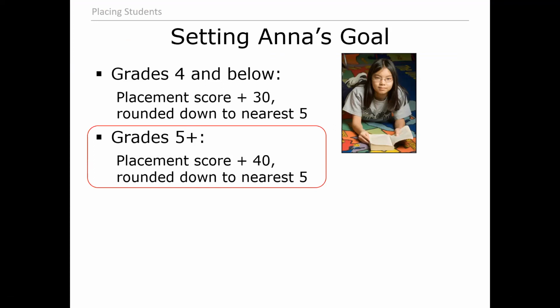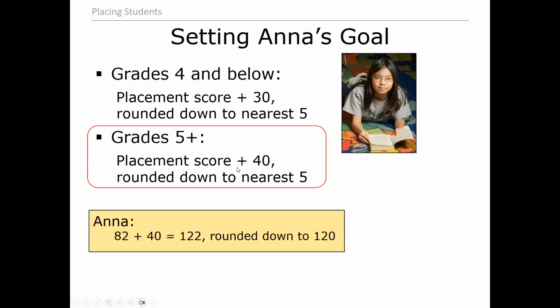And that's not the level that she's working in. What I mean by Anna's grade is the actual age of the student, not their level, okay? So if the age of the student is fifth grade or above, the computer takes that placement score and adds 40 and then rounds down to the nearest 5. You don't need to memorize this. Okay, the computer has memorized it for you, but that's just the reasoning behind it in case you want to go back.